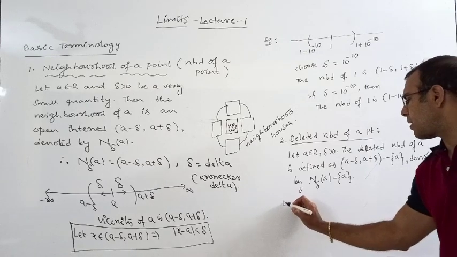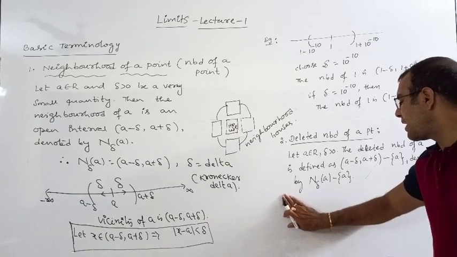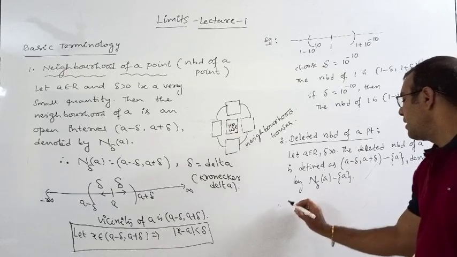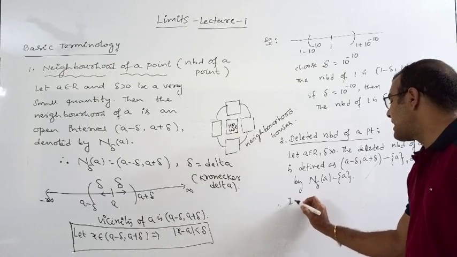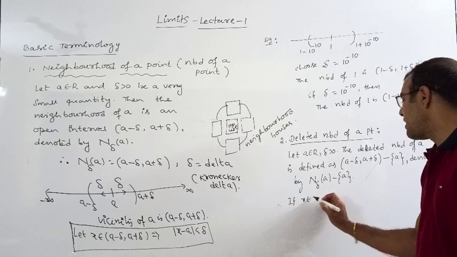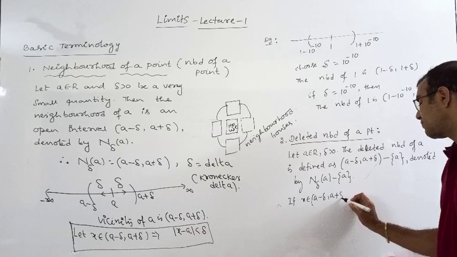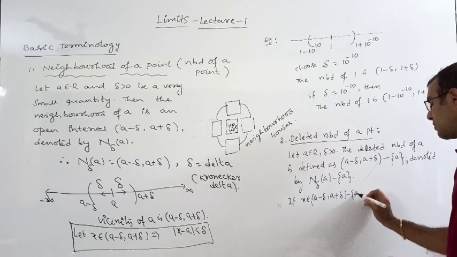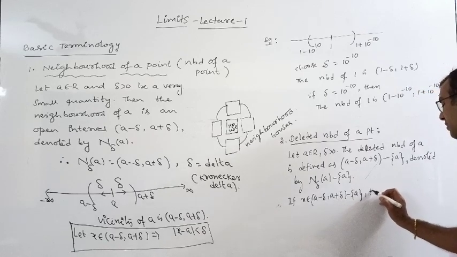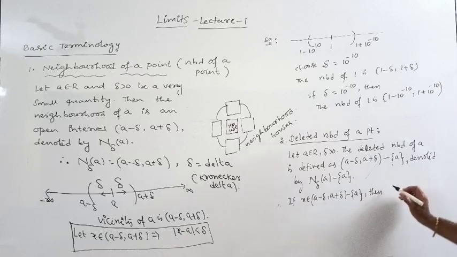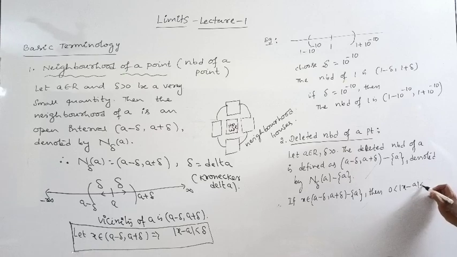So for example, see, if X belongs to A minus delta comma A plus delta minus set A, we write 0 less than mod X minus A less than delta.